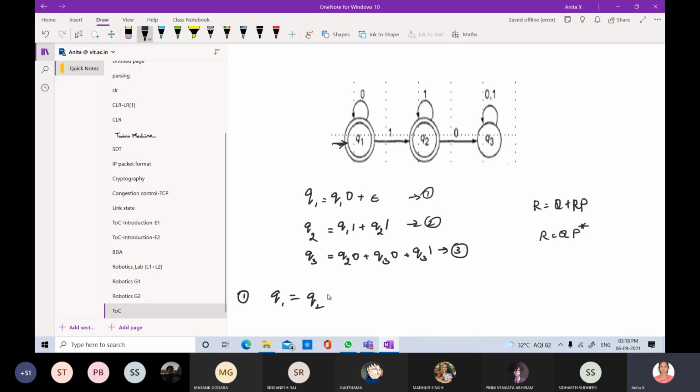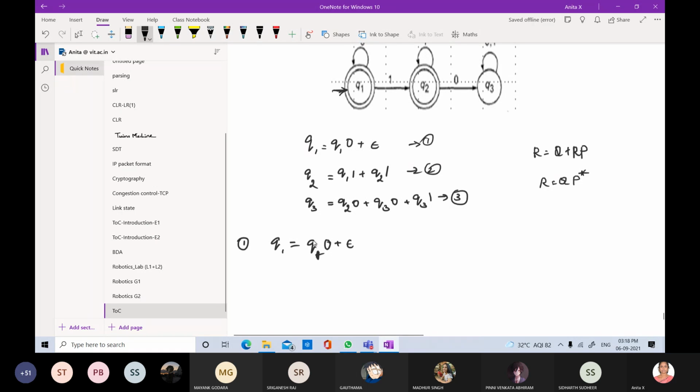So Q1 is equal to Q1 0 plus epsilon. So this is R. I can map this to R. So this will be P and this will be Q, right?